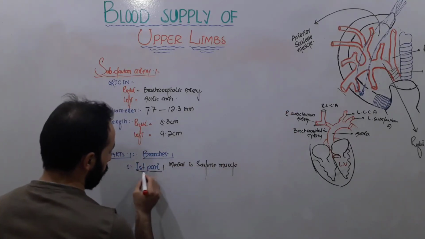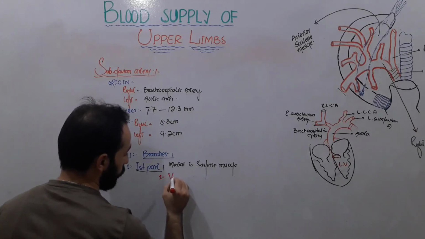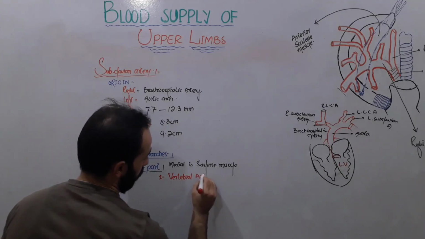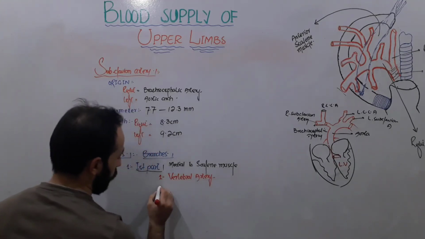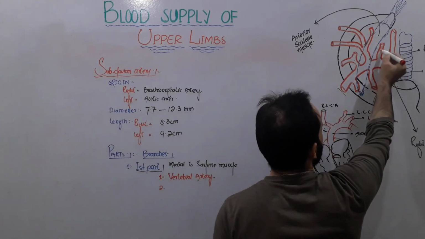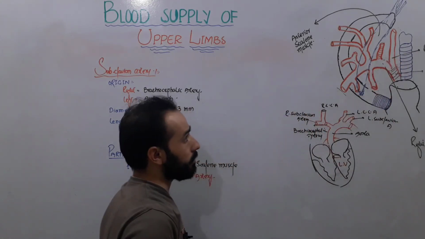The first part gives off the first artery, which is called the vertebral artery, right? Vertebral artery. Okay, this is our vertebral artery. Look carefully, dear friends. This artery is our vertebral artery, right?